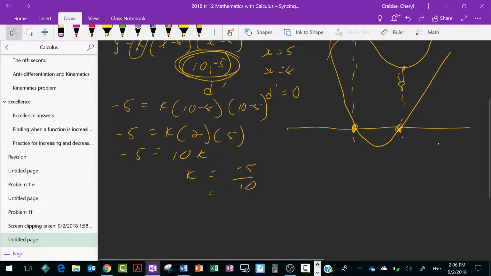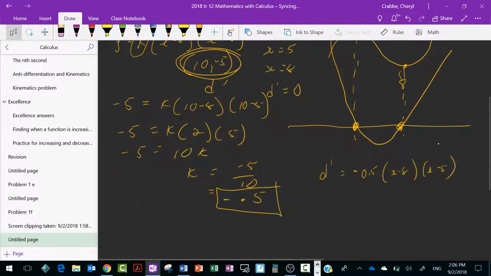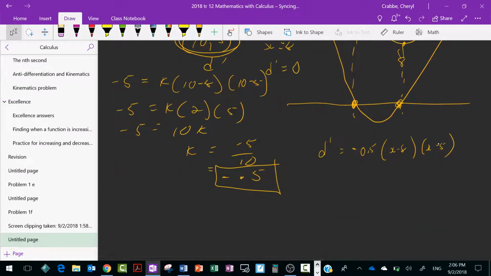So that's my differentiated equation for the distance: -0.5 times x minus 8 times x minus 5. Now, we're going to be working in the other direction. We're going to be anti-differentiating that expression because we want the original function.